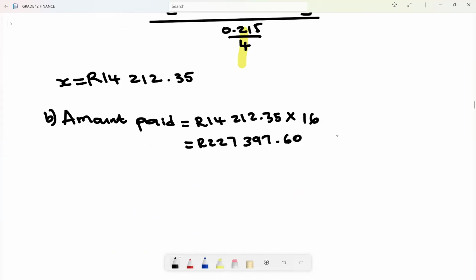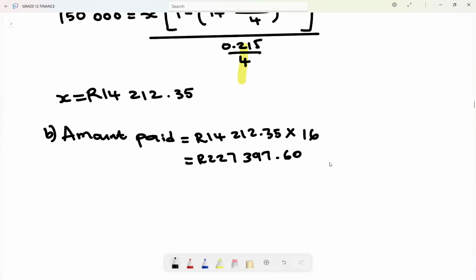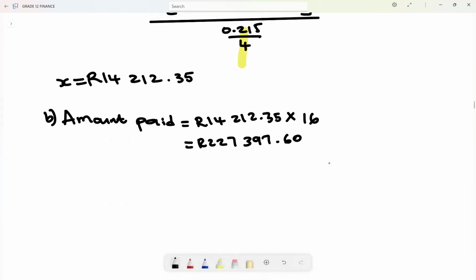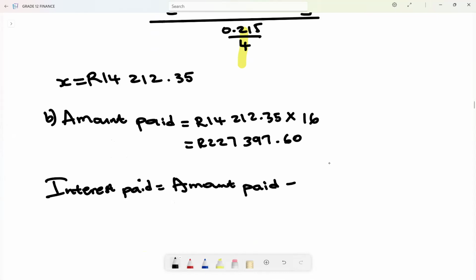But now the loan was initially how much? 150,000. Can you see now that what he paid is larger than what the loan was supposed to be? So the interest paid is going to be the amount paid subtracted by the loan value.